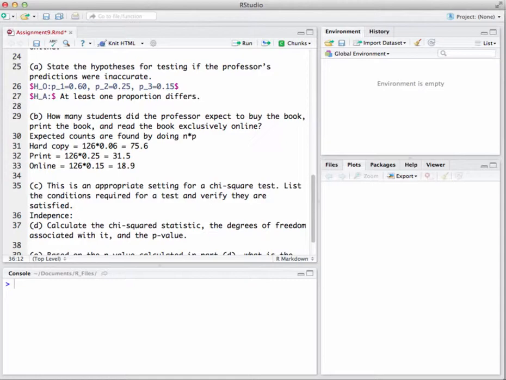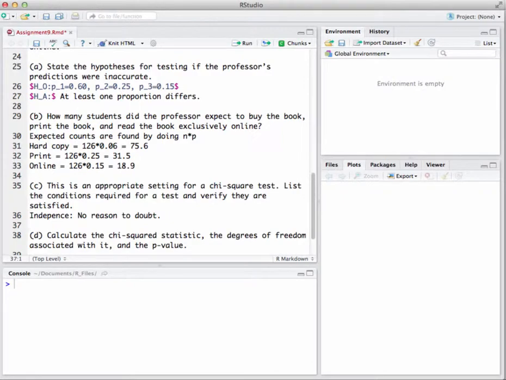And we know that we have less than 10% of the population. 126 is less than that. So we have no reason to disbelieve this. No reason to doubt. All right, so we'll roll with that. Okay, so there's no reason to doubt the independence here.